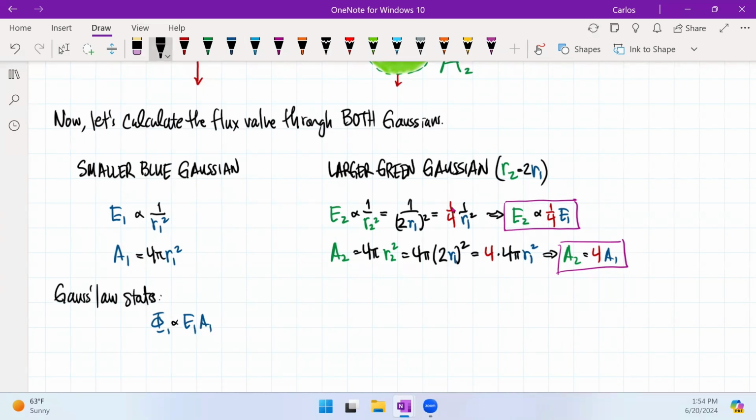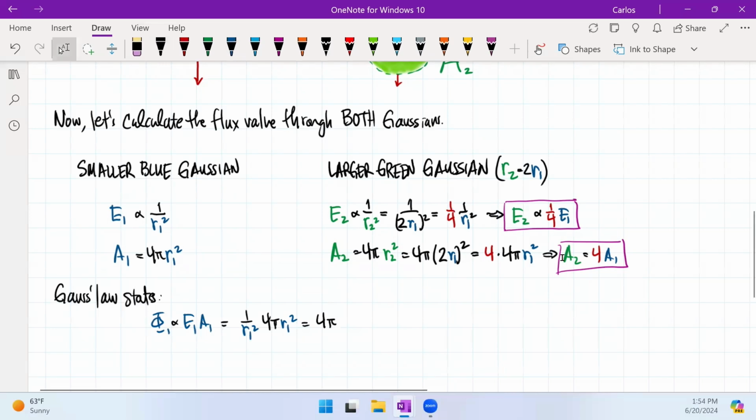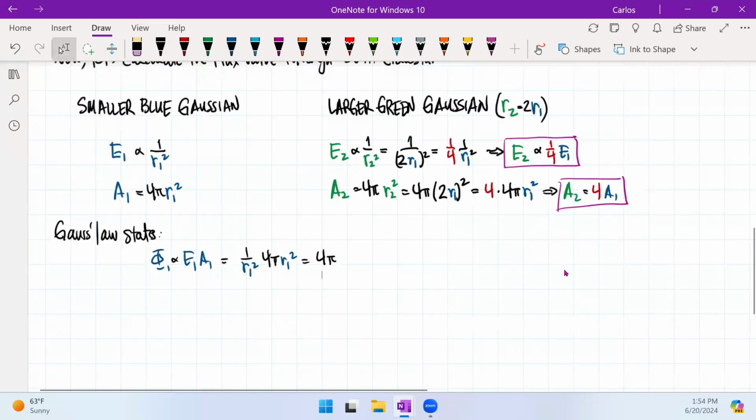And when I do that, we saw that this guy was equal to R1 squared, and then we get the area of 4 pi, and then I get the exact same R1 squared, which in the end gives me a constant of 4 pi. That's a constant value.